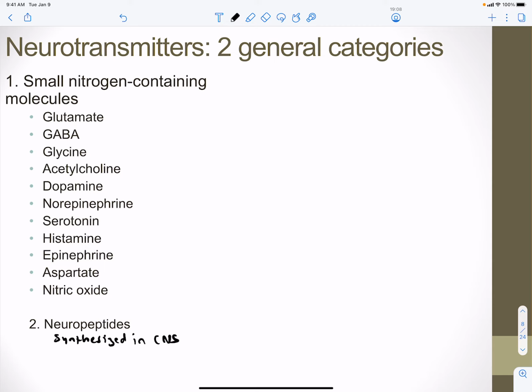And some are going to target the CNS, such as your endorphins. And others are going to be released. And some examples of this are growth hormone and thyroid stimulating hormone.